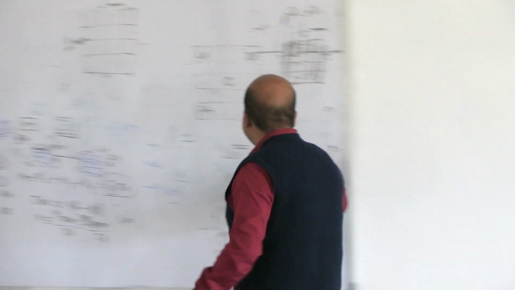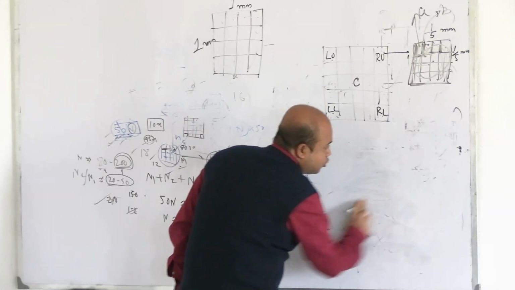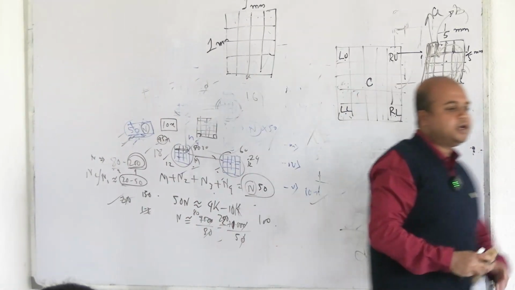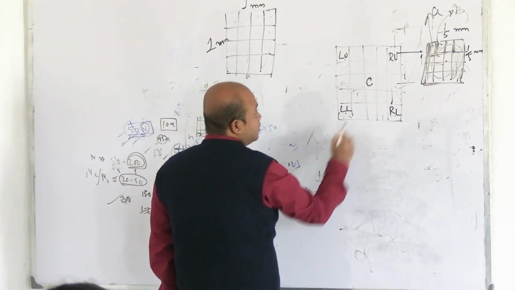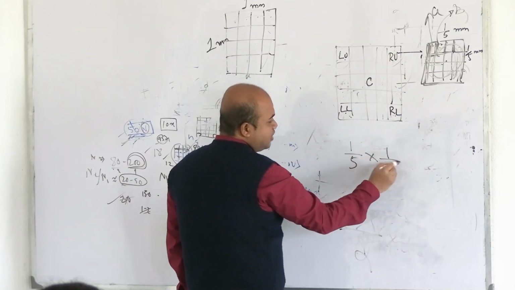Now, what is the calculation part? What is the total area of the squares counted? This is 1 square, this is 1 square, each is 1 by 5 into 1 by 5.